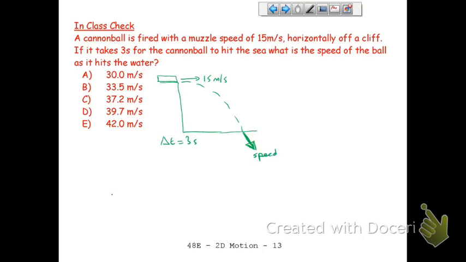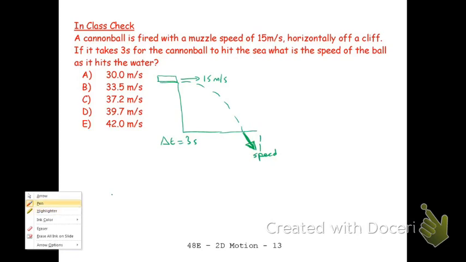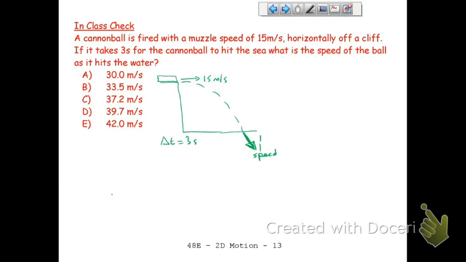But I can only work horizontally and vertically. I like to change the color of my pen so you can see when I'm thinking and when I'm not thinking. So that's going to be my Vx final. I just made that up, it's shorthand. It's my final velocity in the x direction. And then this is Vy final.